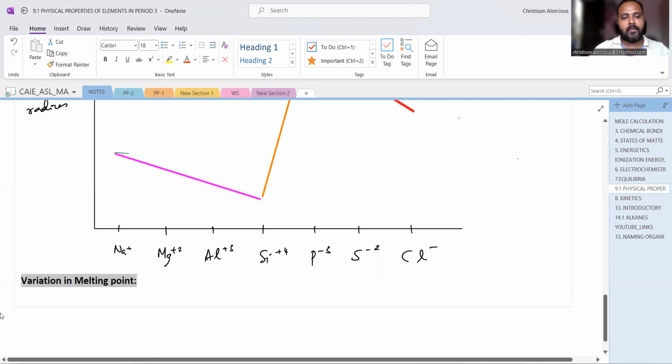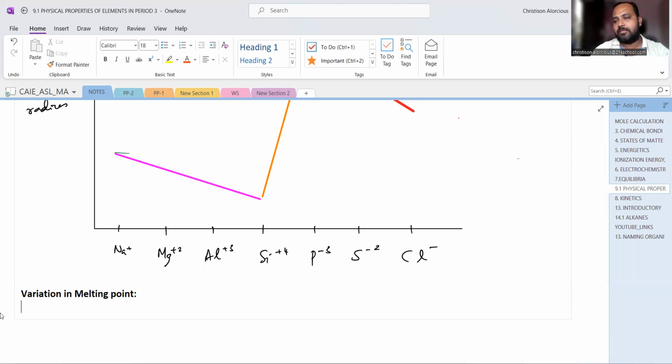When we go to talking about the variation in melting point, we need to ask ourselves, what does melting point depend on? Melting is breaking the solid and converting it into a liquid. So it's an endothermic process. It involves absorption of energy to break either bonds or intermolecular forces. Whatever is holding the solid together needs to be broken.